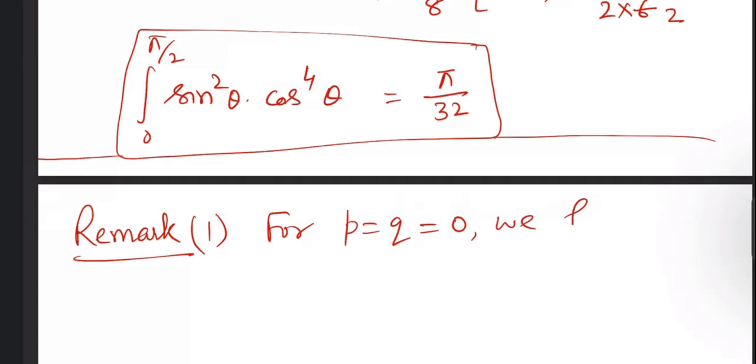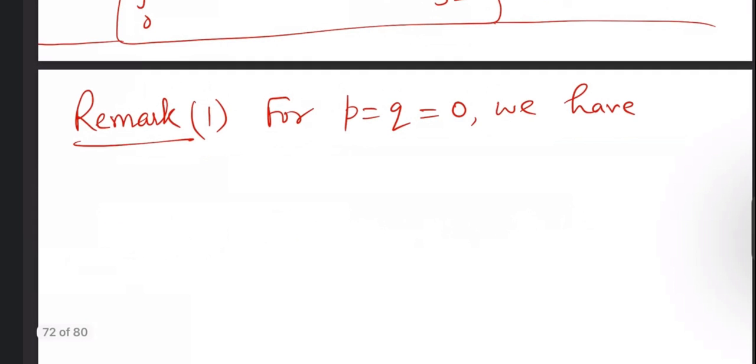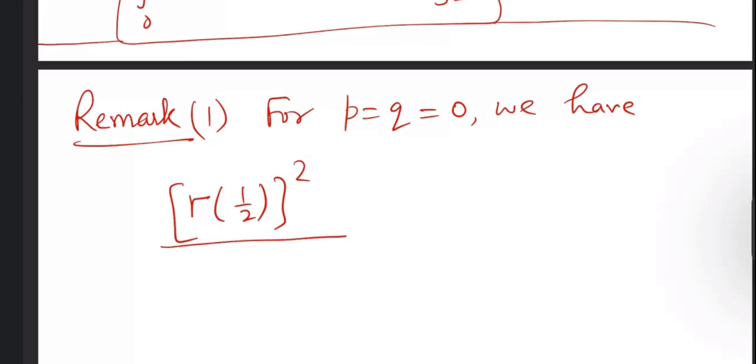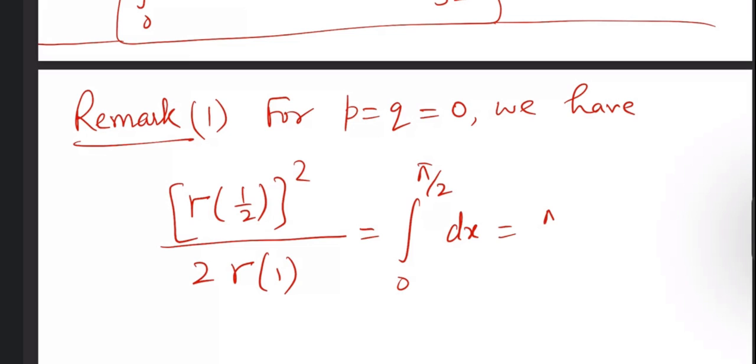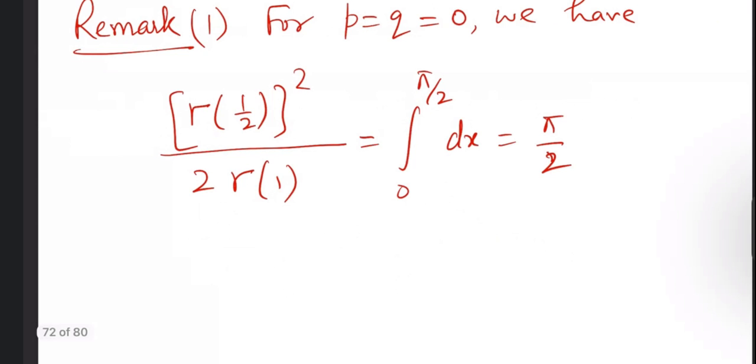We have in this above integral gamma of 1 by 2 whole square divided by 2 into gamma of 1 is equal to integral 0 to pi by 2 sine raised to the power 0, cos raised to the power 0. It will become only the integration of 1, that is pi by 2. It means from here also you can find the value of gamma of 1 by 2.